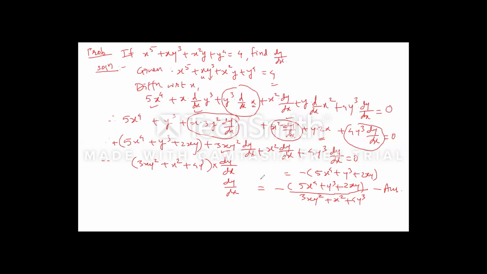Now let's discuss another question from exercise 1.3. Root x plus root y equals root a. This is an implicit function, so let's find its derivative. First step, differentiate with respect to x. The derivative of root x is 1 upon 2 root x, plus the derivative of root y is 1 upon 2 root y into dy by dx. Root a is a constant, so its derivative is 0.